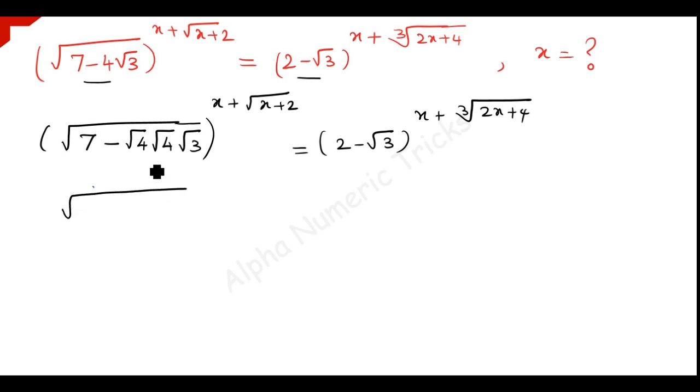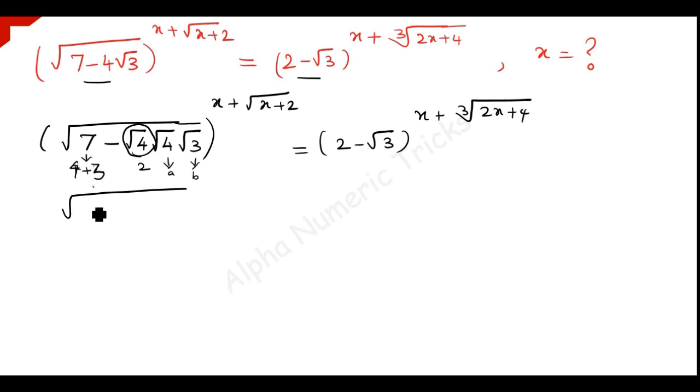This is the square root of, here square root of 4 is 2, and this is our A and this is our B, and we need A squared and B squared here also. So 7 can be written as 4 and 3, so 7 can be written as 4 plus 3.